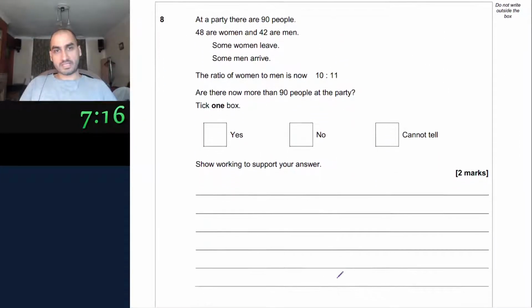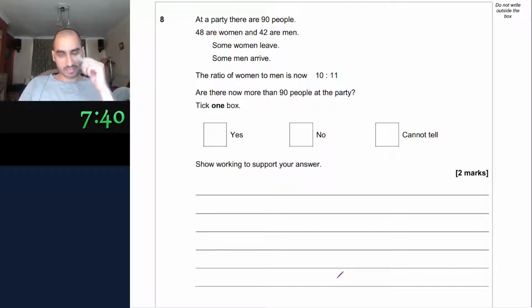At the party there are 90 people. 48 are women, 42 are men. How many are non-binary? We don't have that data. Well, 0. Some women leave, some men arrive.